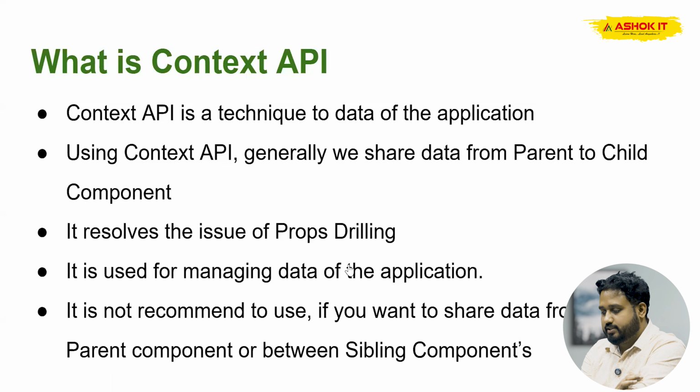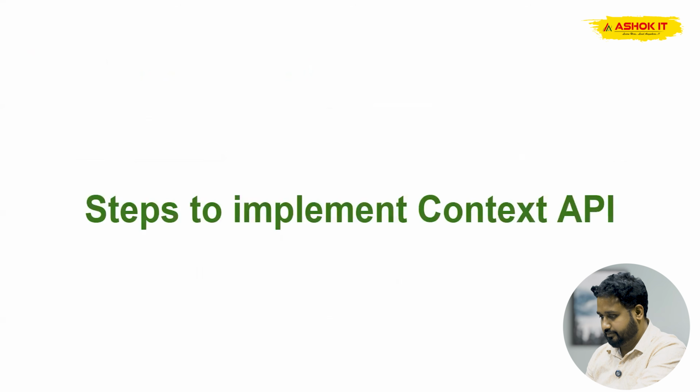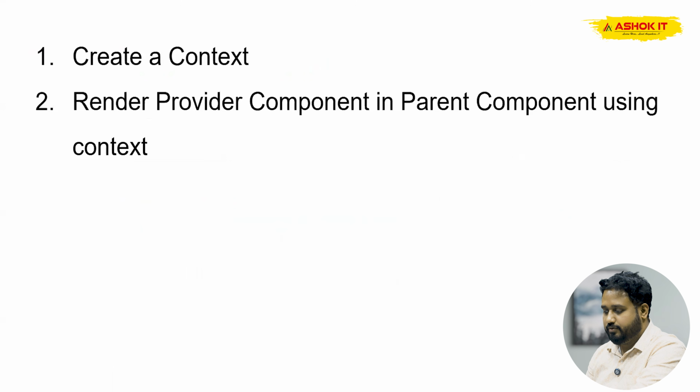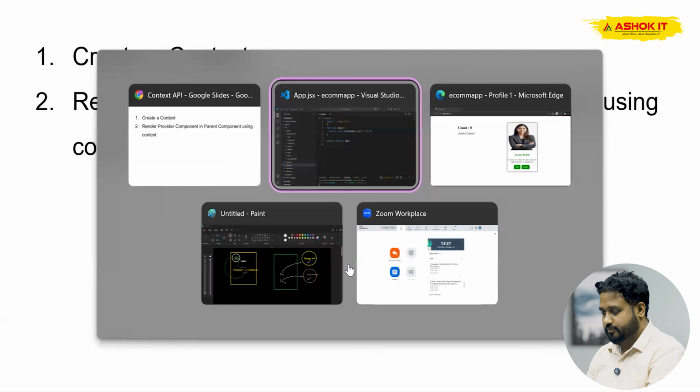Now, let's try to understand how we can implement this context API. The steps to implement context API: the first step is we have to create the context. Second, we have to render a provider component in a parent component using our context. Let's understand this with an example.